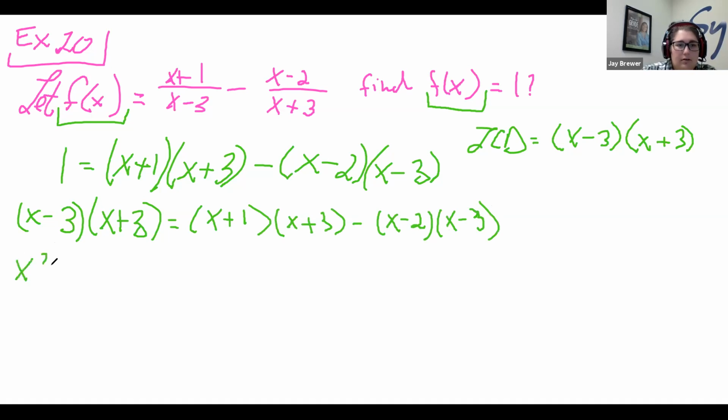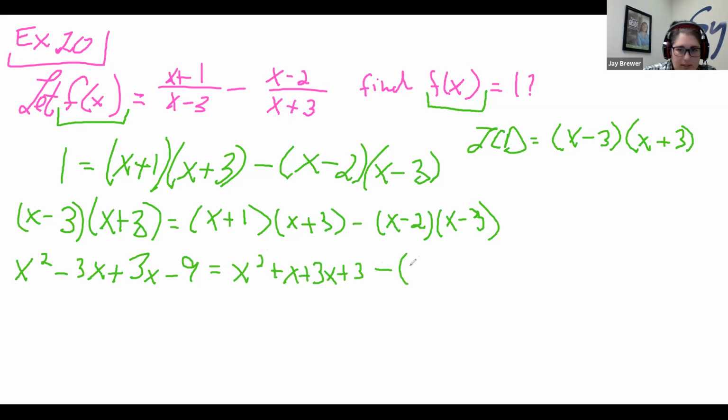We have x squared minus 3x minus 3x minus 9. x squared plus x plus 3x plus 3 minus, let's keep the minus sign outside for right now. So we'll have x squared minus 2x minus 3x plus 6.